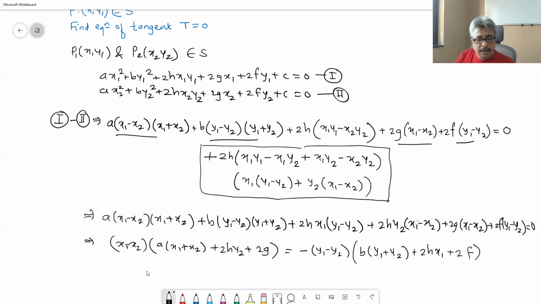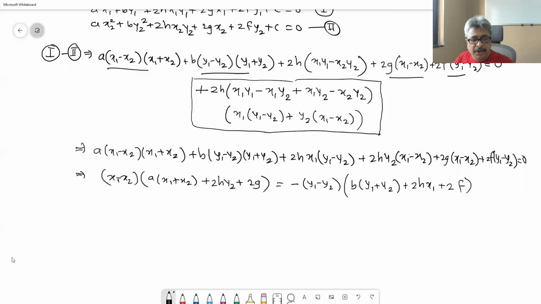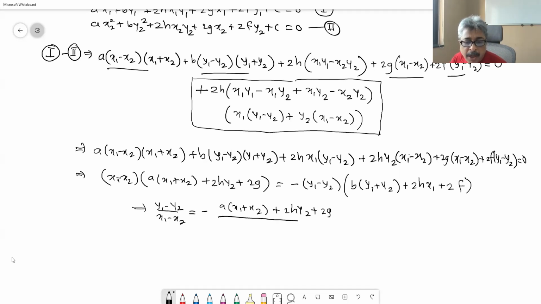Good. Now you want (y1 minus y2) upon (x1 minus x2). This implies (y1 minus y2)/(x1 minus x2) is equal to minus [a(x1 plus x2) plus 2hy2 plus 2g] divided by [b(y1 plus y2) plus 2hx1 plus 2f].